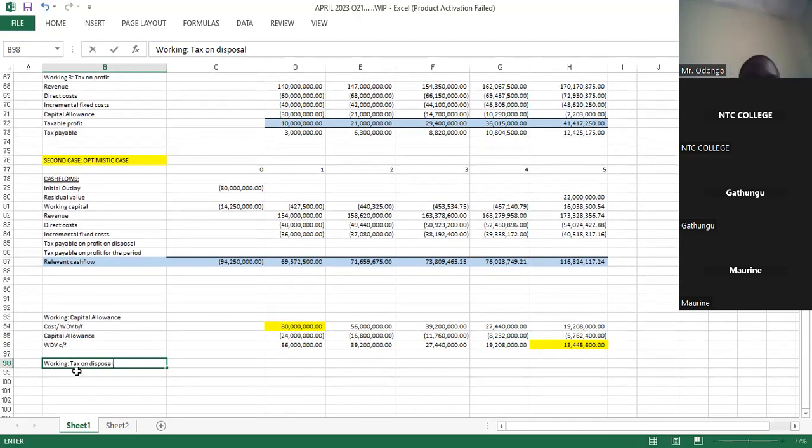For us to be able to compute this, remember we had agreed that the two values which we compare, one is the disposal proceed, which we compare with asset value, the asset value at the time of disposal.